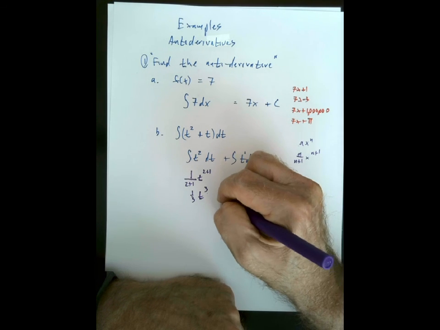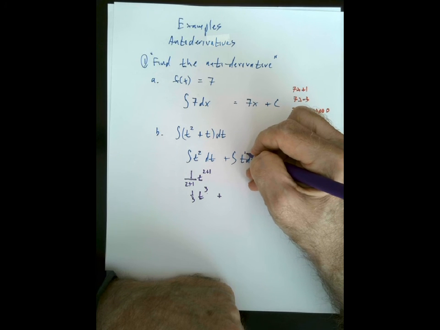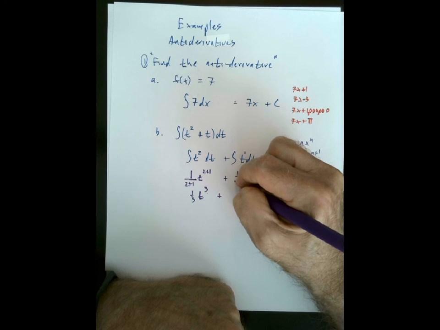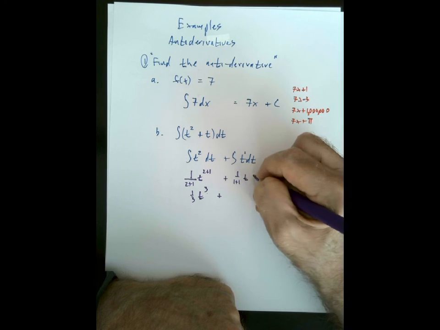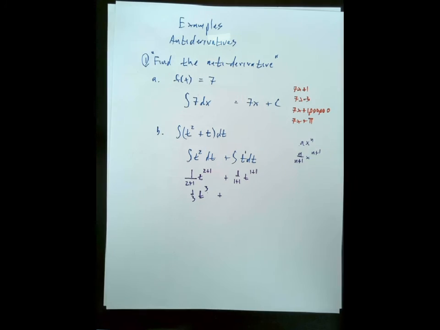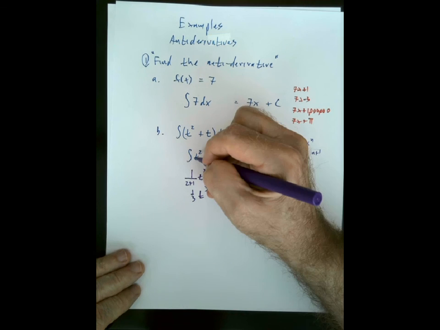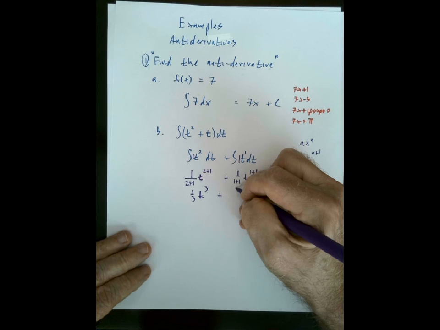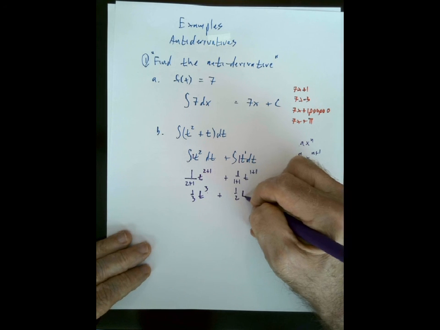And then here, n is 1, so it's going to be plus 1 over 1 plus 1, t to the 1 plus 1, where for both of these, the a number was 1. So this is 1/2 t squared.